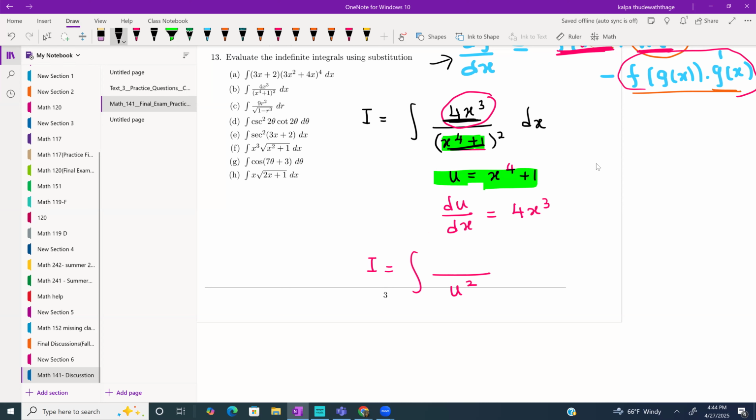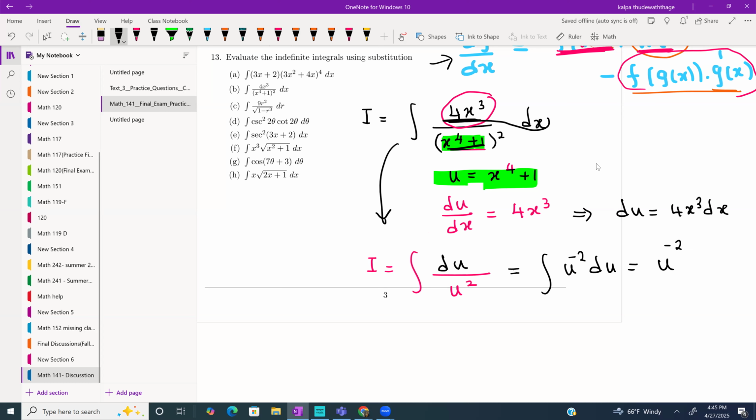And my 4x cubed dx is just du. So I really replace my x variable with u, and it is easy to integrate. So it's u to the power minus 2 du. How do you integrate?